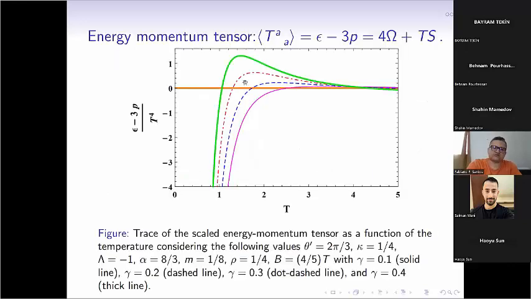But when you compute the energy momentum tensor, right, we found this behavior, okay? Which means that the energy momentum tensor is no longer zero, here in this description, in this model, of course.